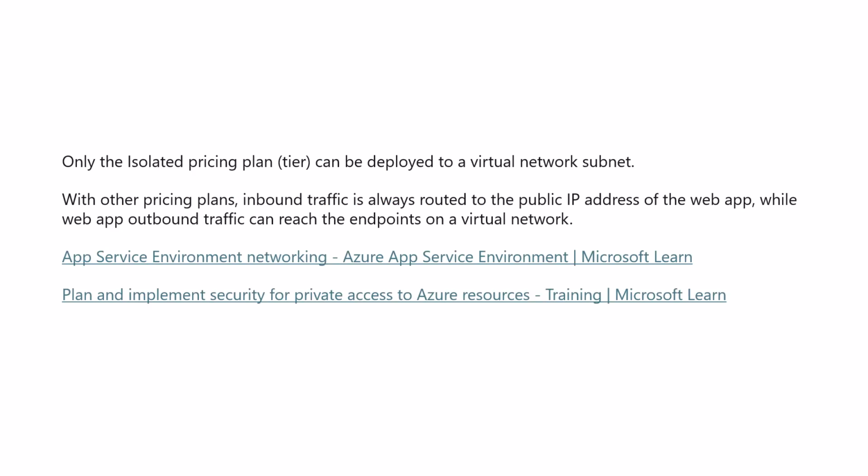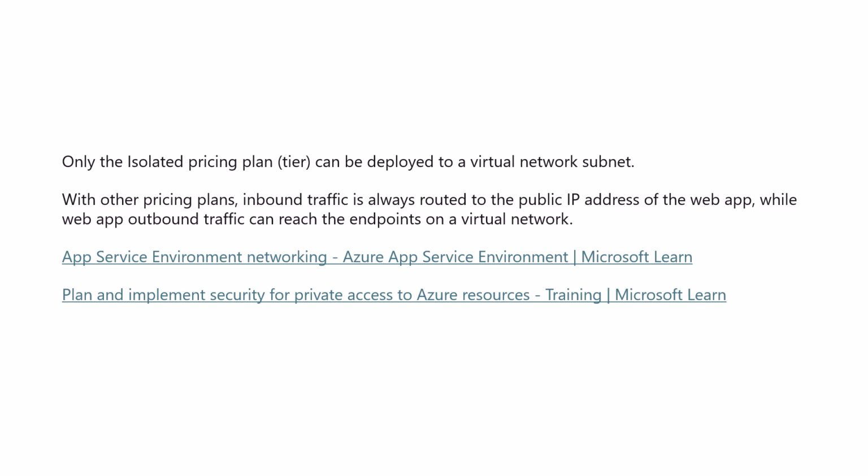Only the isolated pricing plan tier can be deployed to a virtual network subnet, and that's where the problem is here. With other pricing plans, inbound traffic is always routed to the public IP address of the web app, while web app outbound traffic can reach the endpoint on a virtual network. So this question can be confusing at first because the isolated pricing tier is usually more expensive than other tiers.